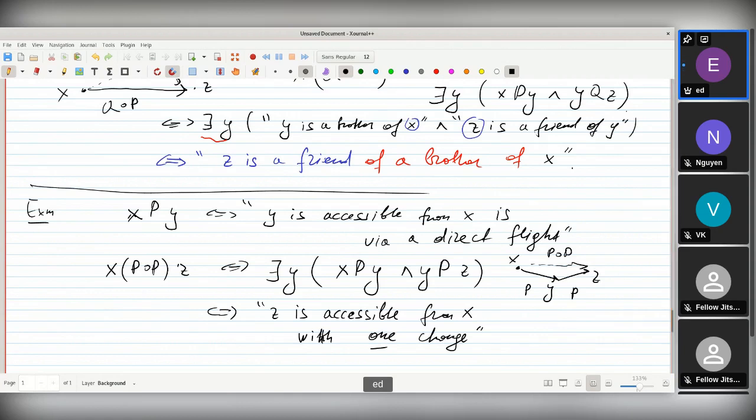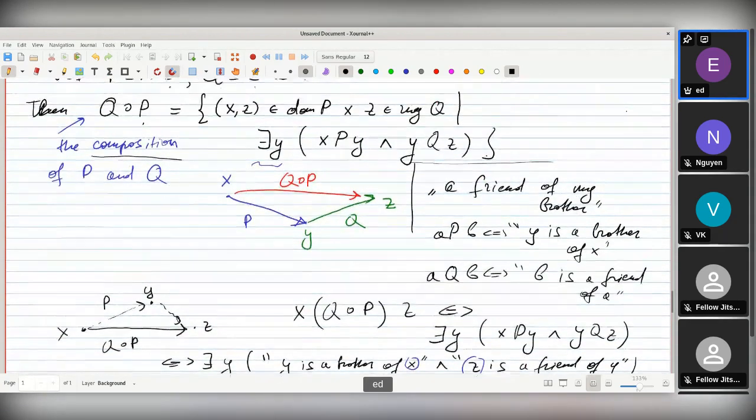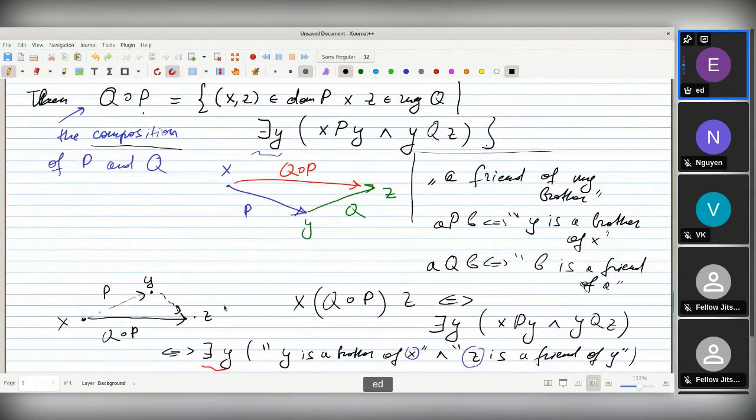Is this idea clear? So basically it is about considering two arrow paths.